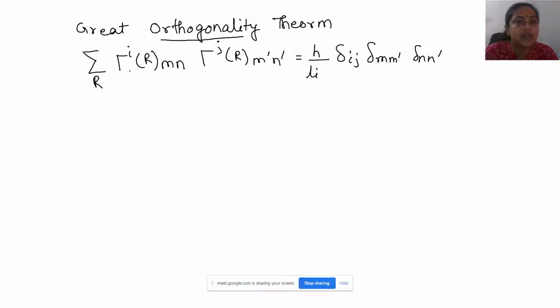So it says that if i is not equal to j, that means if we are talking about two different irreducible representations, your Kronecker delta would be 0. Even if i equals j and your m is not equal to m prime or your n is not equal to n prime, then the Kronecker deltas, delta m m prime and delta n n prime, are going to be 0.